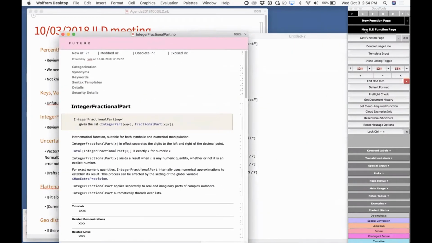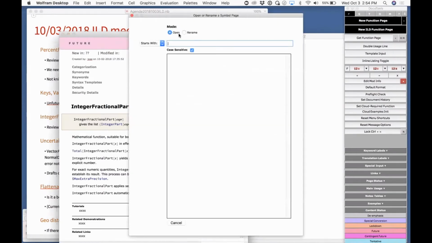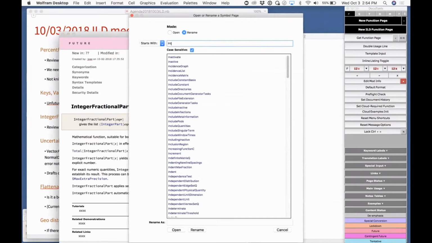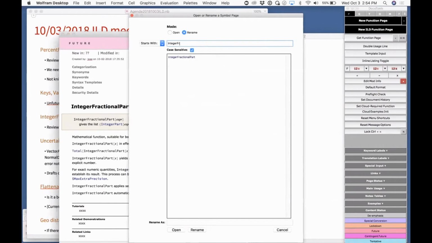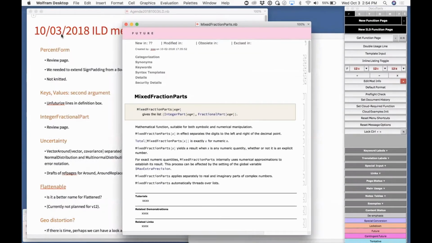Okay, let's do a rename here. Where is my rename button? There we go. Okay, let's check that we can write this correctly.